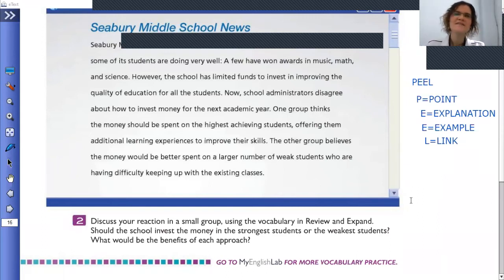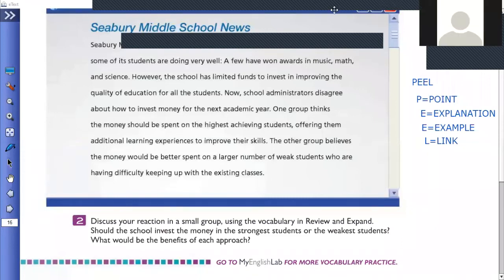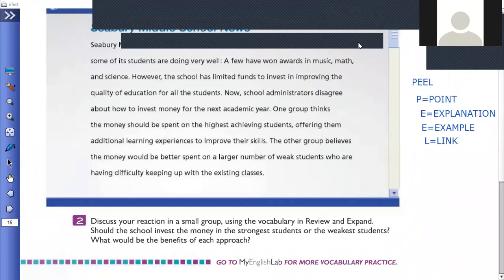You always round it up by saying, so that is the reason why I believe that. That is very strong if you do that. So remember that you always got your PEEL going. Very good, Megan. Thank you. Does everybody understand the idea of PEEL? You got that point? I assume you all do. Okay, cool, smart people.